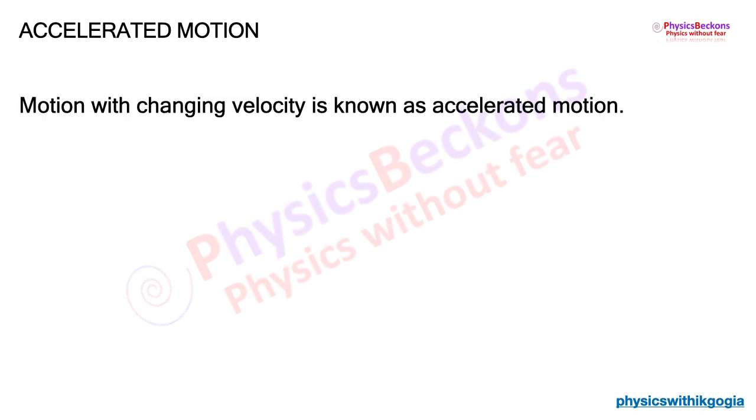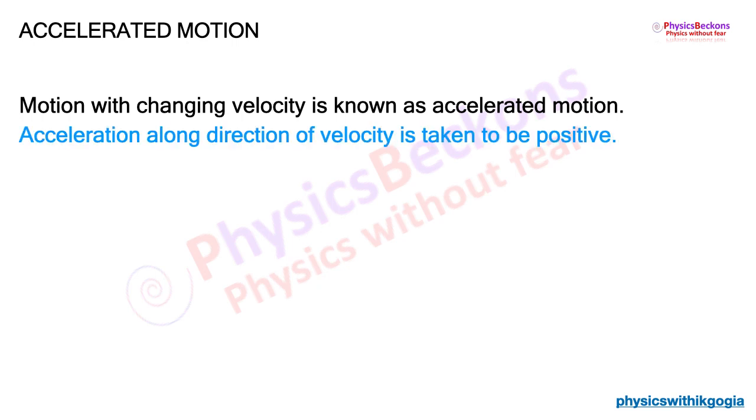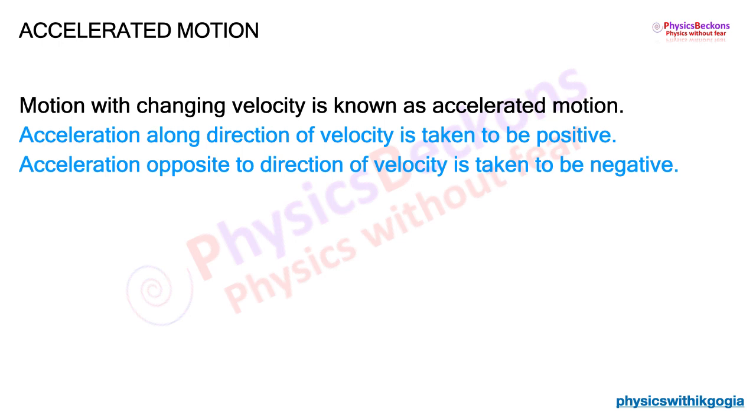Motion with changing velocity is called accelerated motion. Acceleration along the direction of velocity is taken as positive. Acceleration opposite to direction of velocity is taken as negative. The SI unit of acceleration is meter per second square.